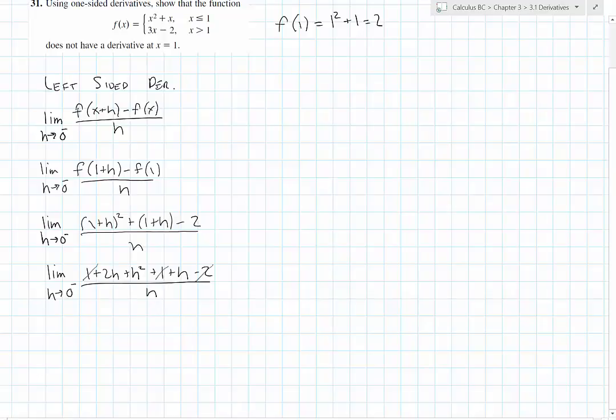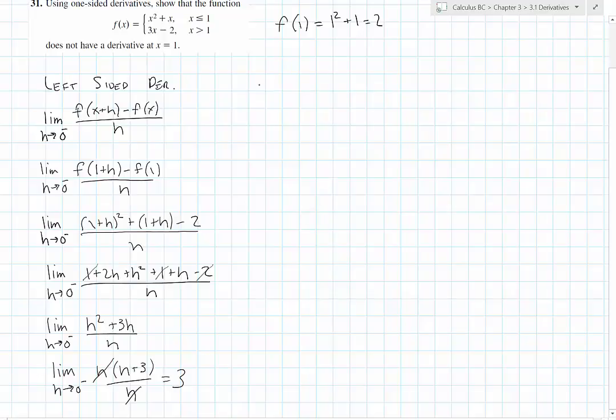They'll net out to a 0, giving me the limit as h approaches 0 from the negative side of h squared plus 3h all over h. Now that top has a common h in both terms, giving me h times h plus 3 over h, and those h's cancel, leaving me h plus 3 as h goes to 0, which is equal to 3.